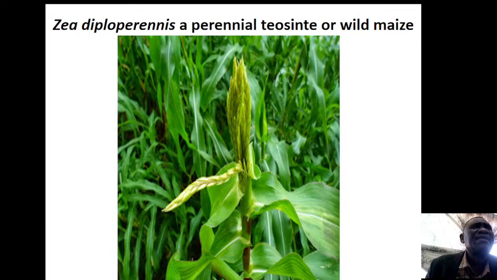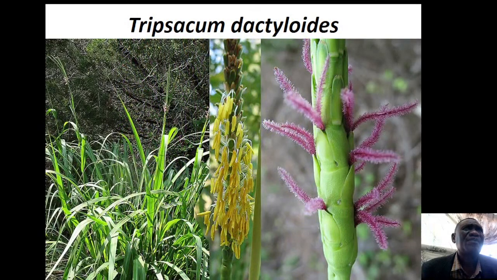This is the Zea diploperennis, a perennial teosinte or wild maize. This is Tripsacum dactyloides, again a source of Striga resistance.